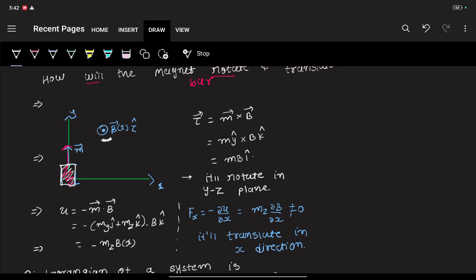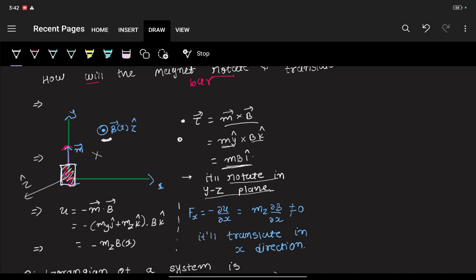So there will be some torque, which is given by m cross B. Here m is in the y direction and the field is in the k direction. So by the cross product we will get mB i cap. That means it will rotate not in this plane but in the yz plane.